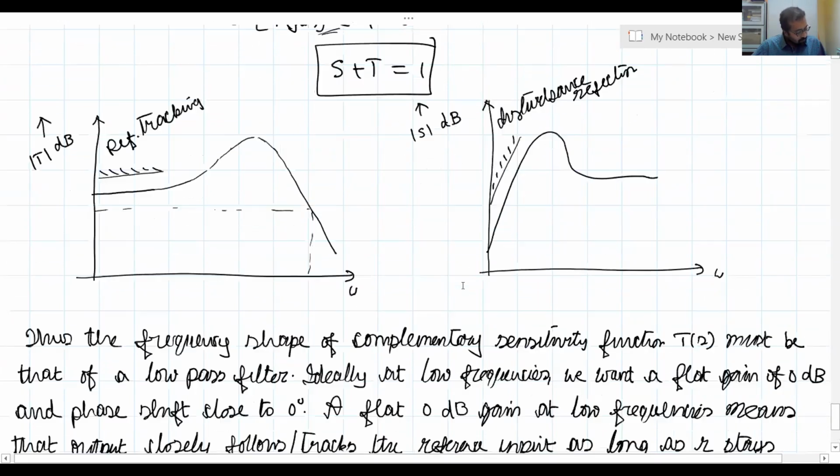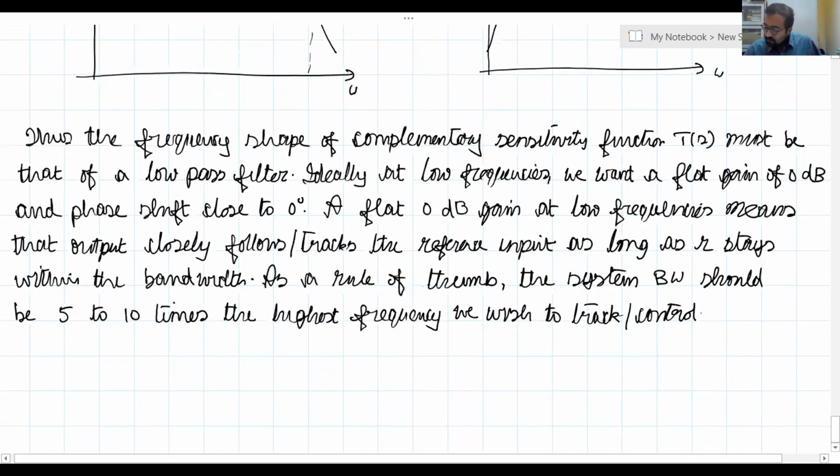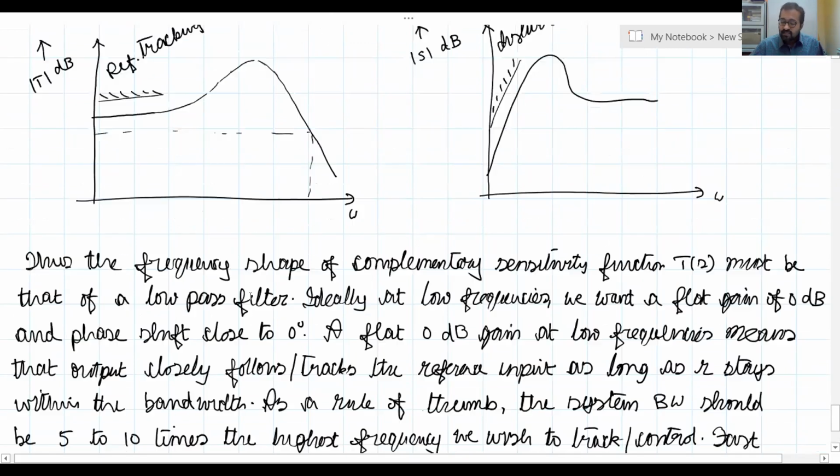Fast roll-off rate means what? The high frequencies get attenuated.